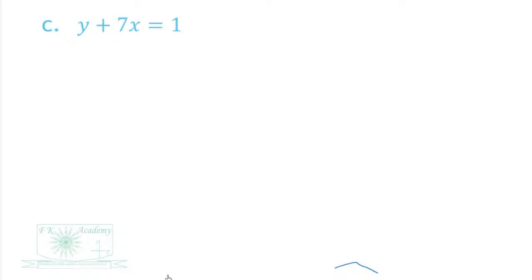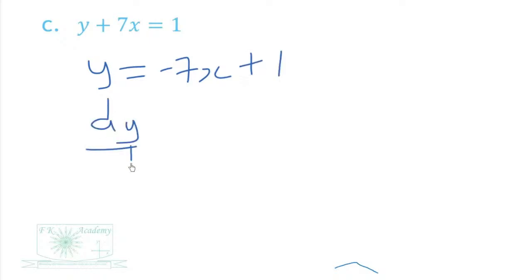Now to our final question here. We have y equal negative 7x plus 1. When we differentiate using the power rule, we obtain negative 7 plus 0.